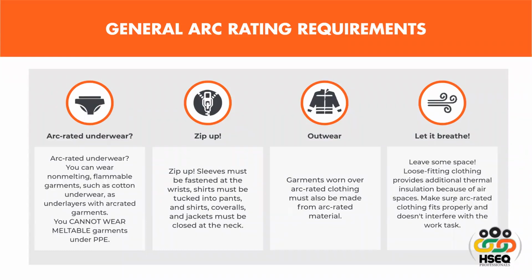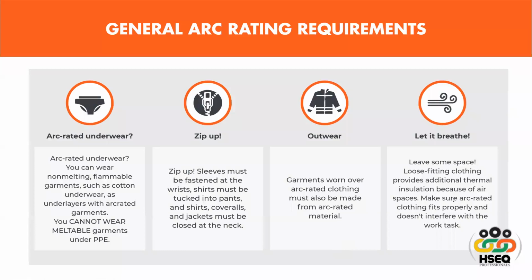The jacket could be of 4 cal/cm² or 8 cal/cm², because the main purpose of that outerwear or jacket is to provide me protection against cold weather, or it's rain wear if I'm using it. So the garments worn over an arc rated clothing must be made of arc rated material, but it is not a mandatory requirement that it is equivalent to the exposure level.